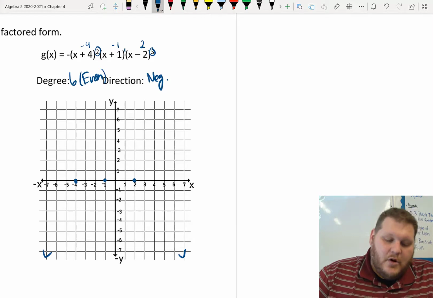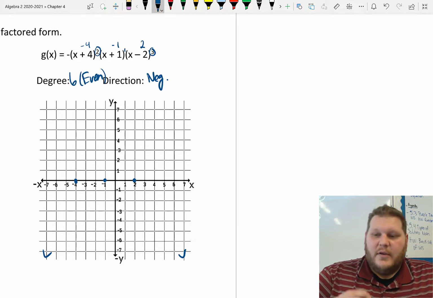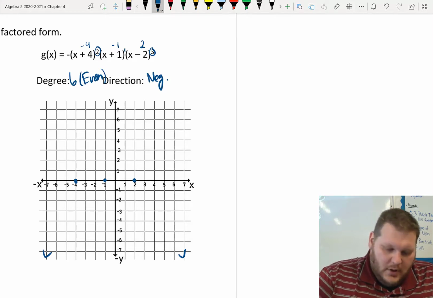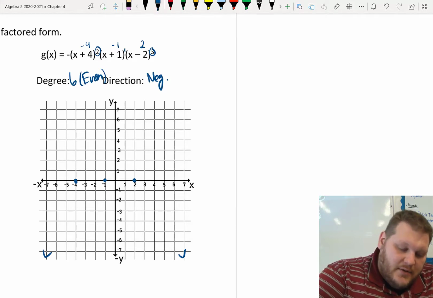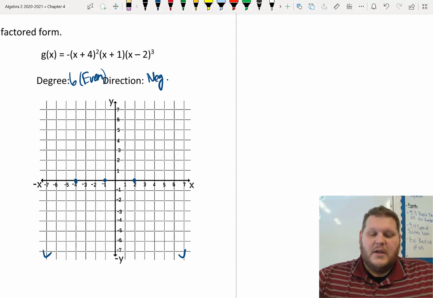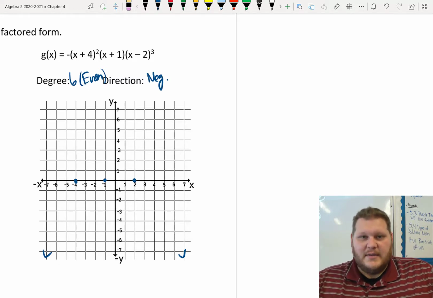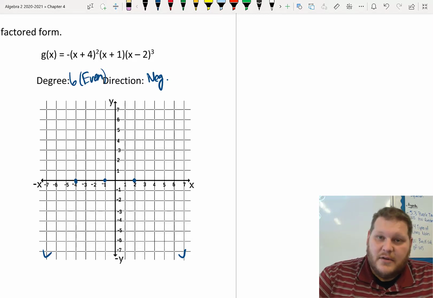The other thing I need to incorporate again is my y-intercept, because that could change how my graph looks quite a bit. Now, this one, there's an easy way of doing it, and there's a more difficult way of doing it. We know that my y-intercept is my constant, but I don't have my answer in standard form here.